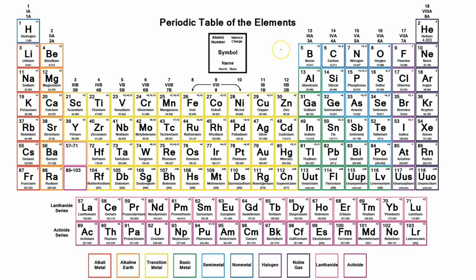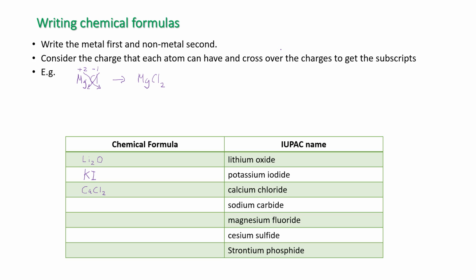So crossing over, I'm going to write this over here. If I have sodium with a charge of +1, and then carbon that will need to have a charge of -4, and I cross over, what I'm going to end up with is Na4C.